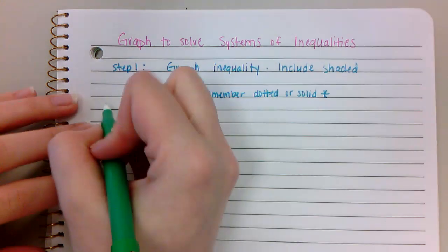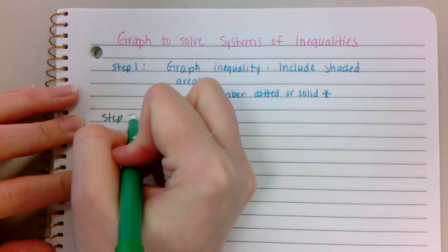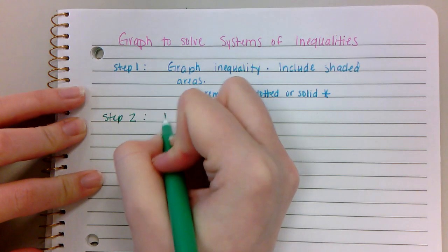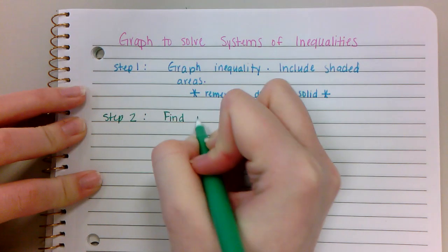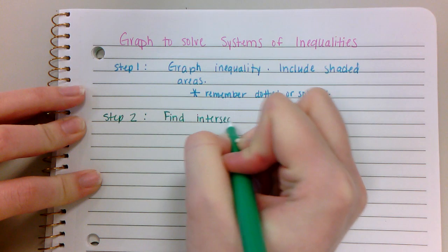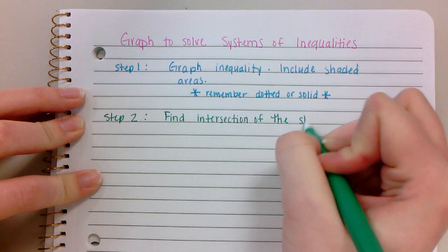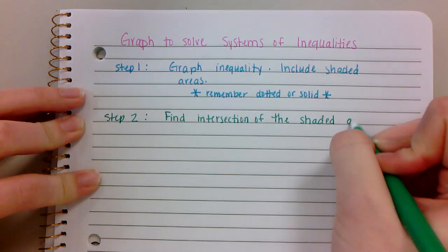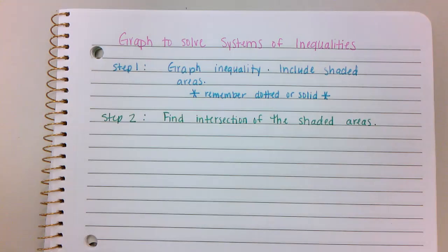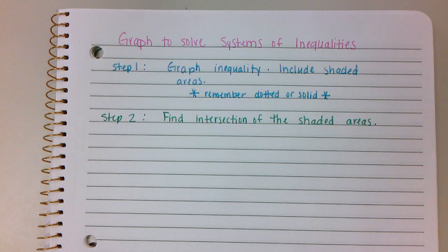The second step, once you've graphed them, you're going to find the intersection of the shaded areas. So you guys remember when we graphed linear equations before, we found where the 2 lines crossed, and that point that they met was the answer.